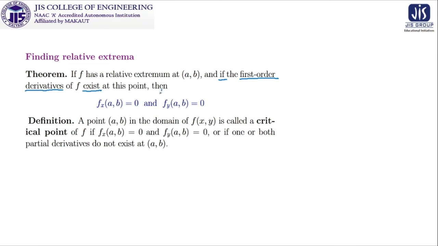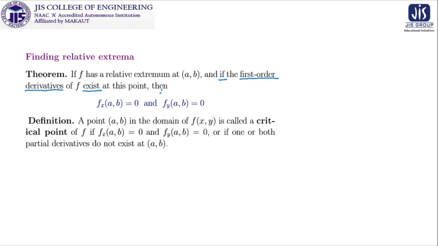So if they are 0, it is not always guaranteed that a relative extremum will be there. This is the first observation. And the second observation is that if partial derivatives do not exist at a particular point, then you can't claim that this point will never be a relative maxima or a relative minima. It can also happen.